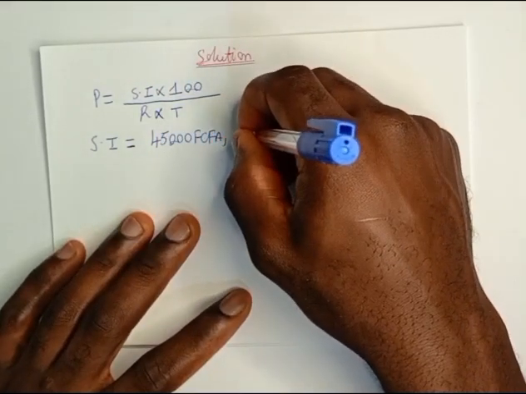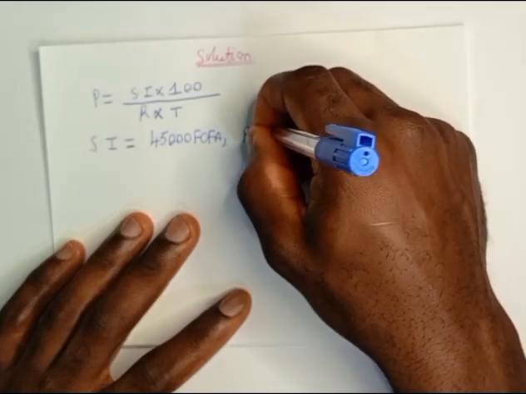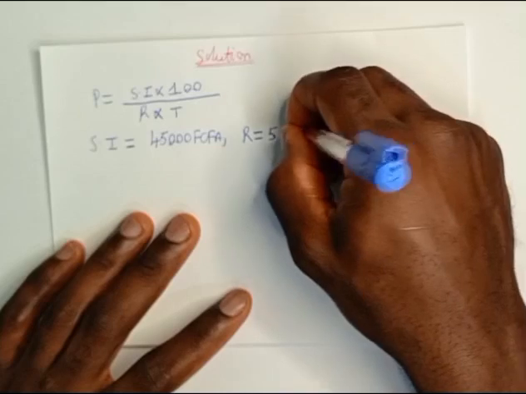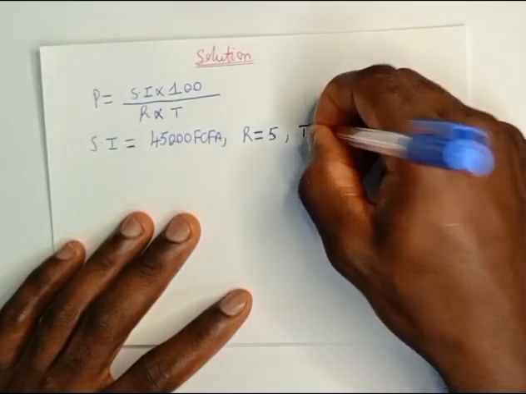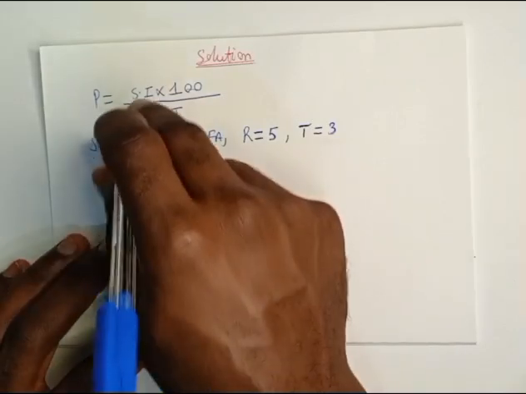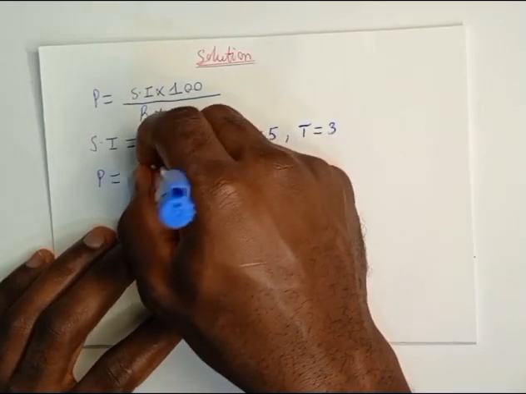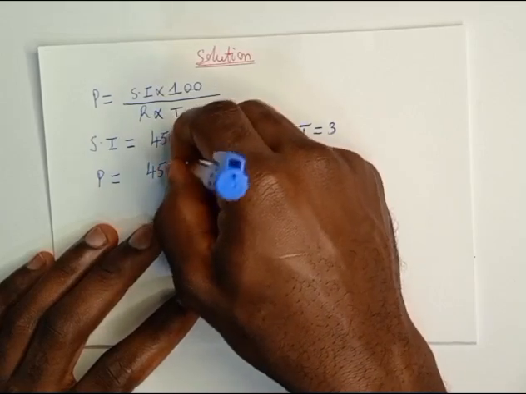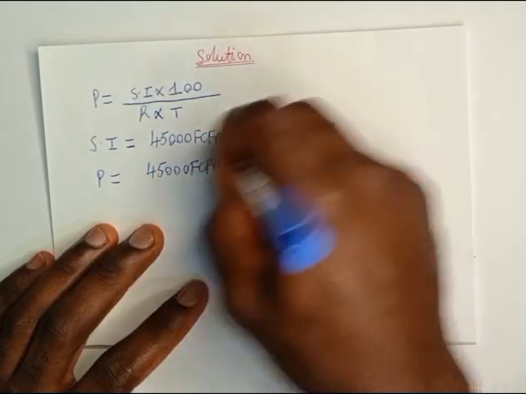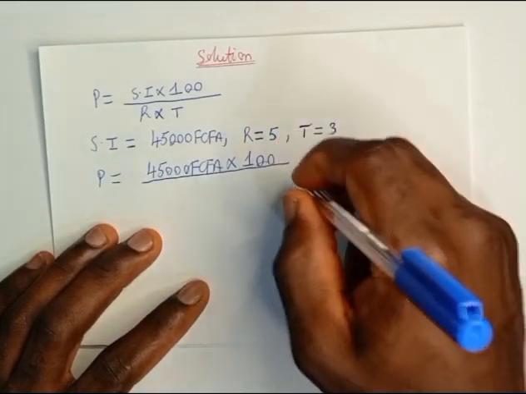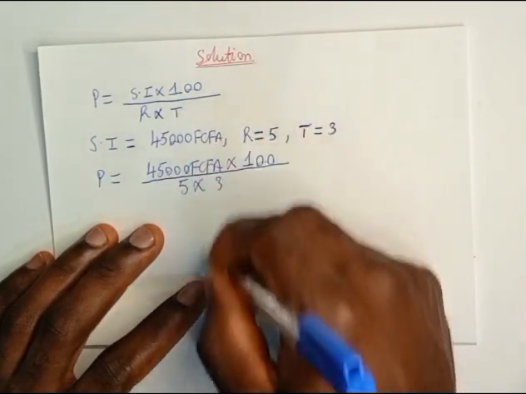The value of the rate R is 5. The value of the time is 3. We are going to insert them in this formula. Then we simplify. Our principal will be equal to 45,000 francs CFA times 100. We divide by 5 times 3.